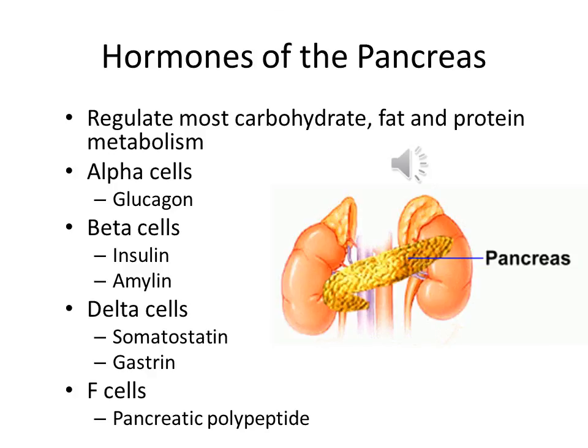Gastrin, the function has not yet been established. F cells secrete pancreatic polypeptides, which are released in response to hypoglycemia and protein-rich meals. They inhibit gallbladder contraction and exocrine pancreas secretion.